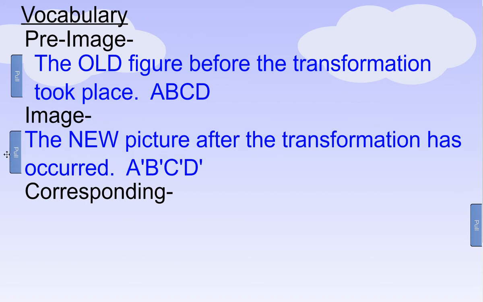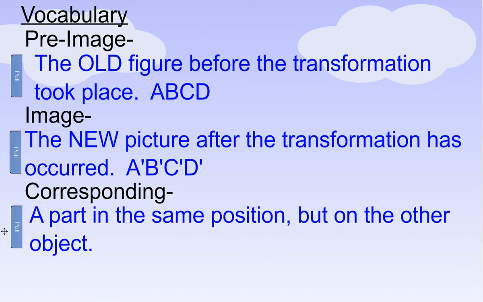And that new image, the new shape, the new object, usually we use A prime, B prime, C prime, D prime. And this little prime symbol, that's how we know that it came from the original. So D goes to D prime, C makes C prime, B makes B prime, A makes A prime.